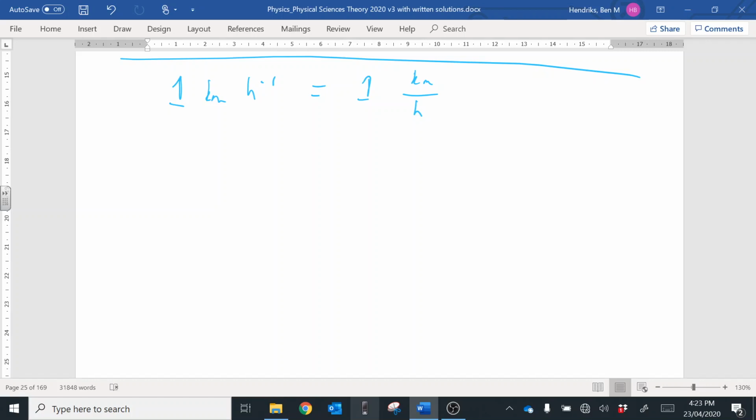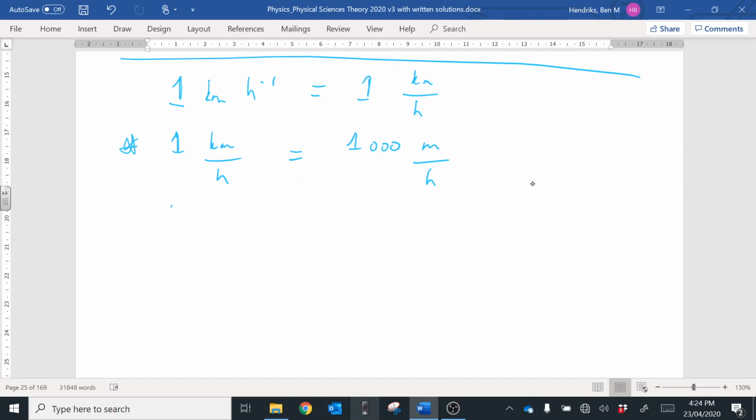And we all know that if we want to convert from a kilometer to a meter, it's going to be 1000 meters. So we've got 1000 meters over hour, so we've kept everything the same, except we've converted those kilometers to meters.